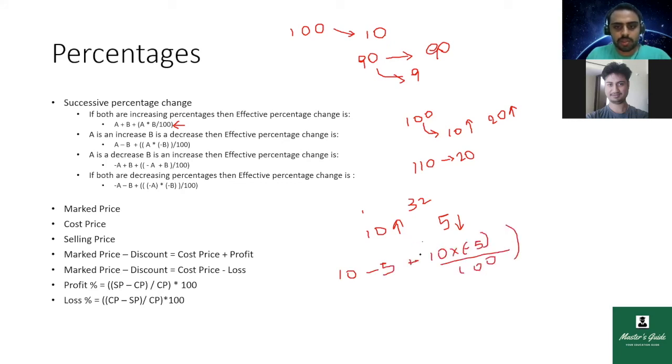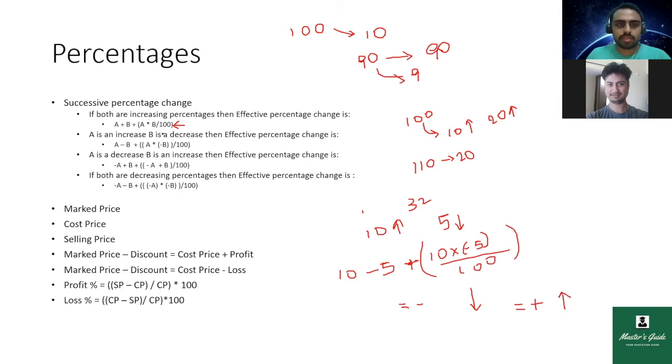In this way you can find the effective percentage change. If you get a negative at the end, the effective change is a decrease. If you get a positive number, that denotes an increase.